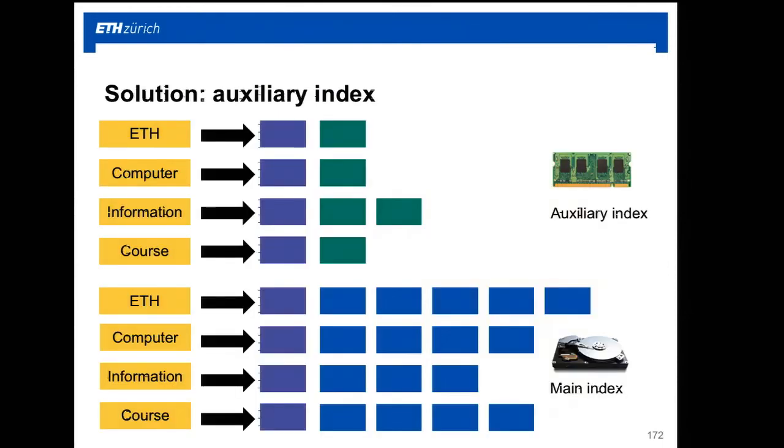So we have an alternative that we can use: if new documents arrive, then you keep the old index on the disk right here, and you don't touch it. And the new documents that arrive, you consider them in a separate index in memory, much smaller. And this index is in memory, so it's very easy to update.